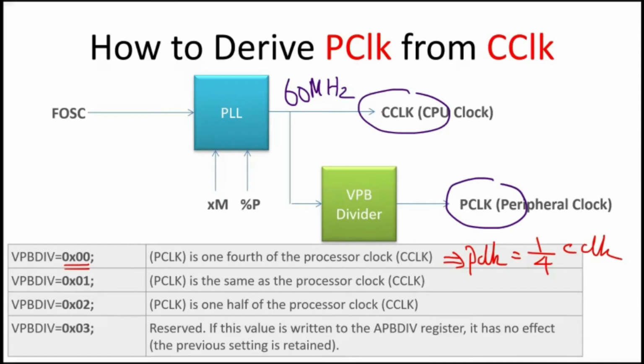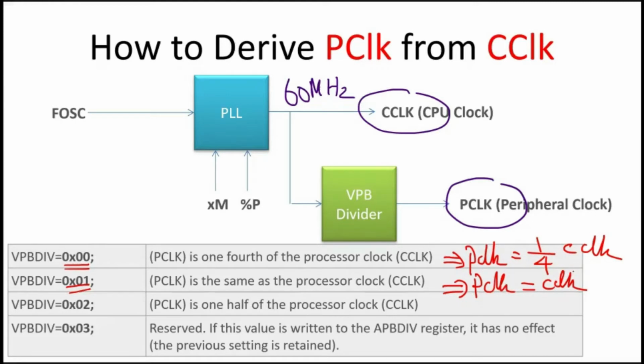What does it mean? If the CPU clock is coming at 60 MHz, and you put the VLSI peripheral bus divider as 00, then you end up getting 1/4 of the CPU clock. 1/4 of 60 MHz is 15 MHz. So you get P clock equal to 15 MHz. If you put the VLSI peripheral bus divider as 01, then your peripheral clock is the same as your CPU clock.